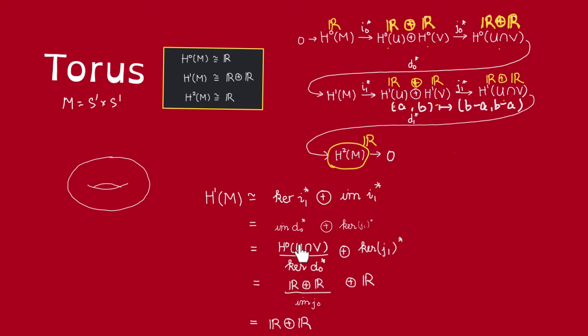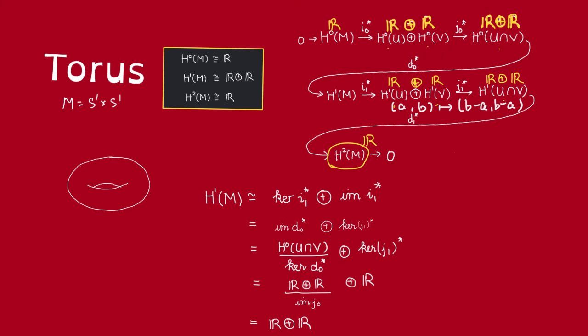Alright, so now let's look at this component. What's the image of this D0? By the first isomorphism theorem again, that's going to be isomorphic to this H0 of U intersect V, quotient by the kernel of D0. But by exactness here, the kernel of D0 is just equal to the image of this J0.